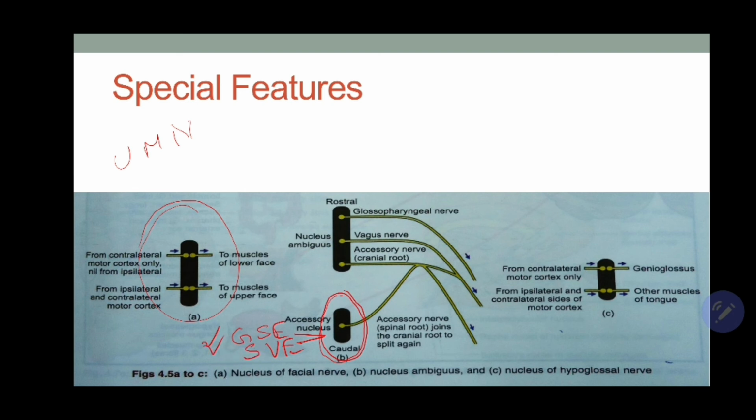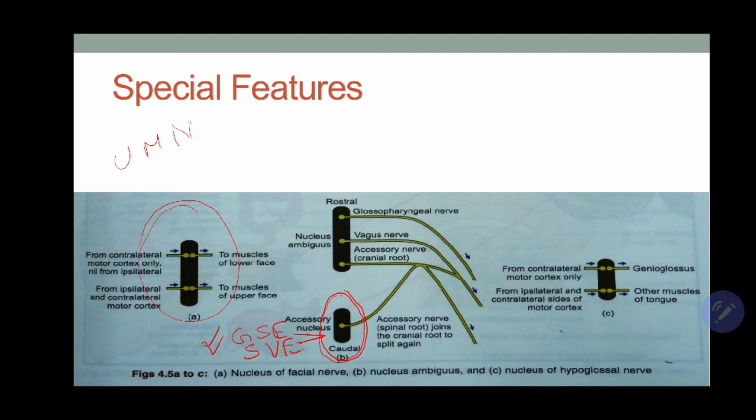Let me tell you the reasons behind people calling it general somatic efferent. They say that sternocleidomastoid and trapezius are not derived from branchial arches, right? So they are supposed to be muscles derived from somites. So that's why they claim that the spinal nucleus should be treated as general somatic efferent.